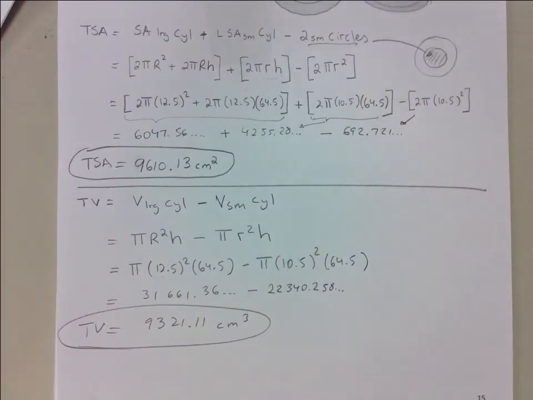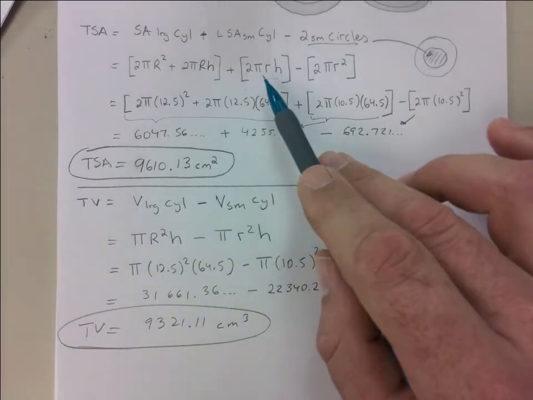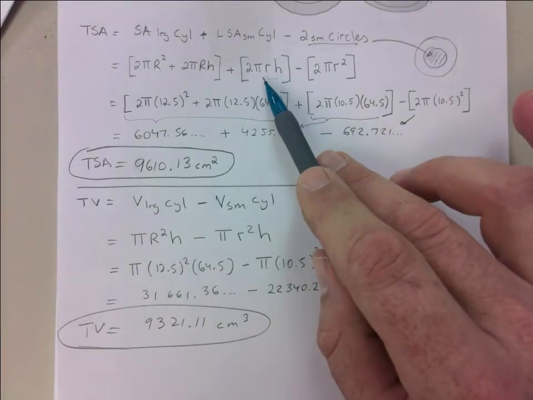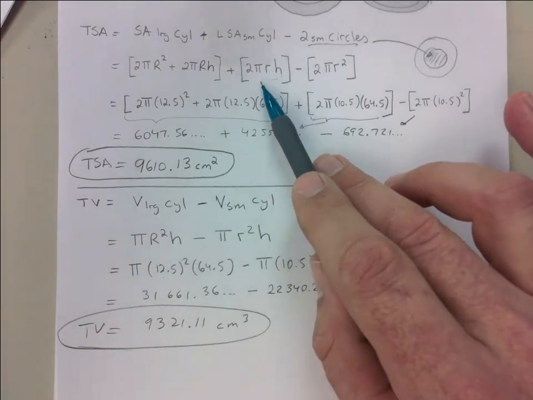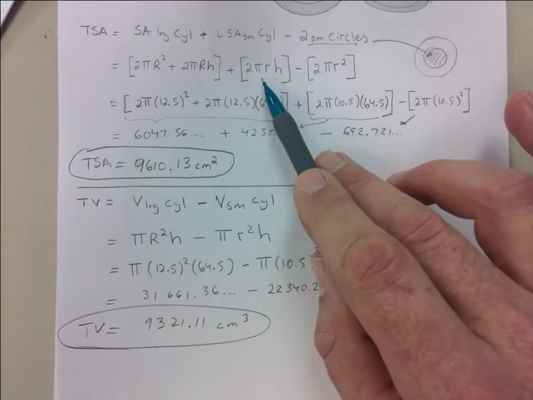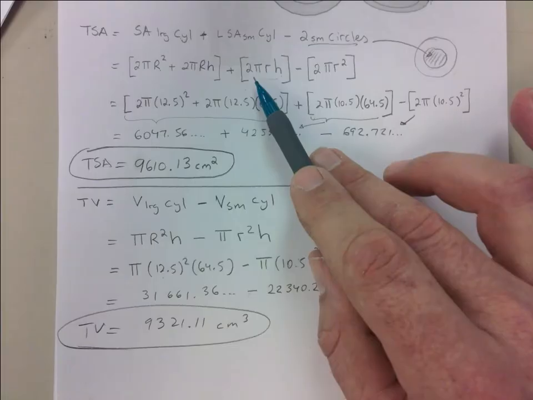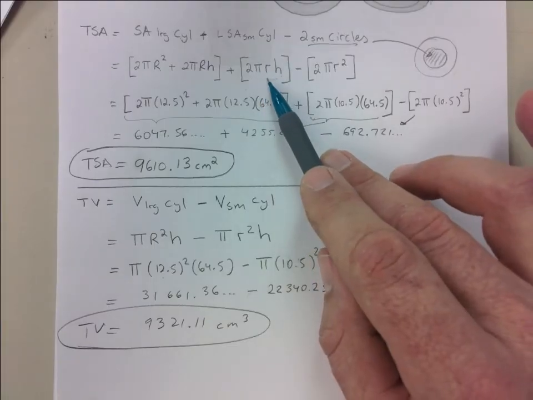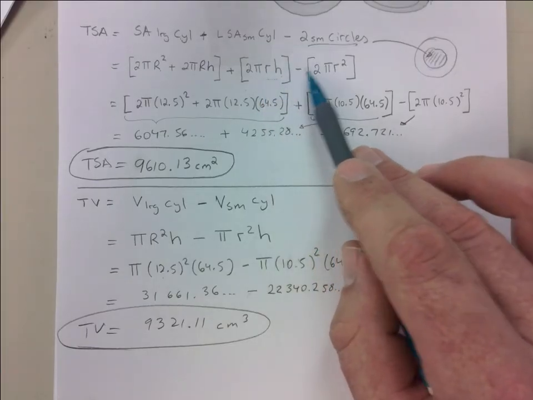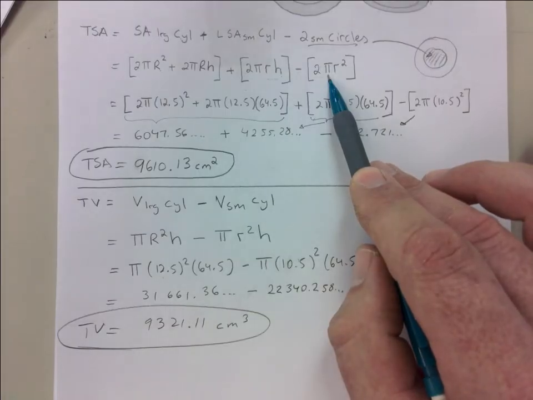Let me see if I can help you out. I think the part that a lot of students miss is that when there are holes, you need to ignore parts of formulas of the shapes you're recognizing, and you need to subtract due to the fact that you've created the hole.